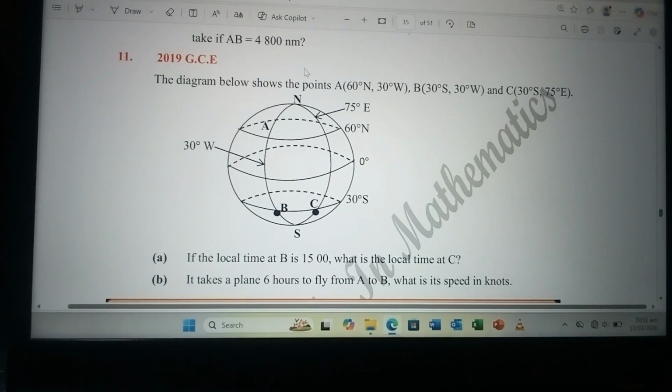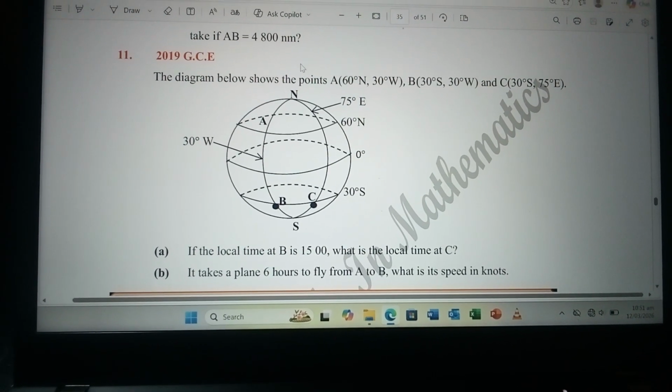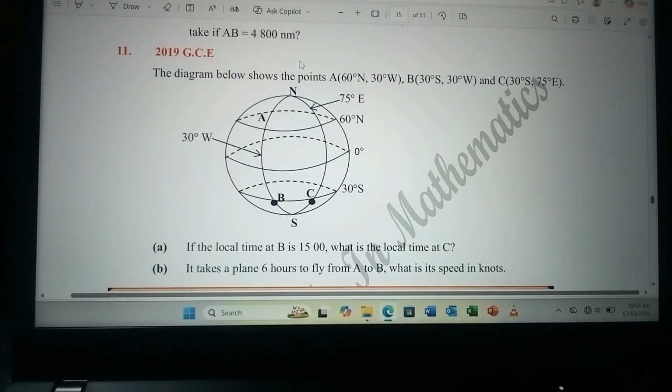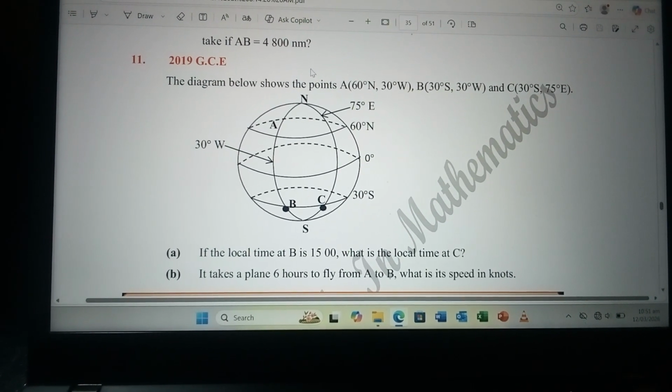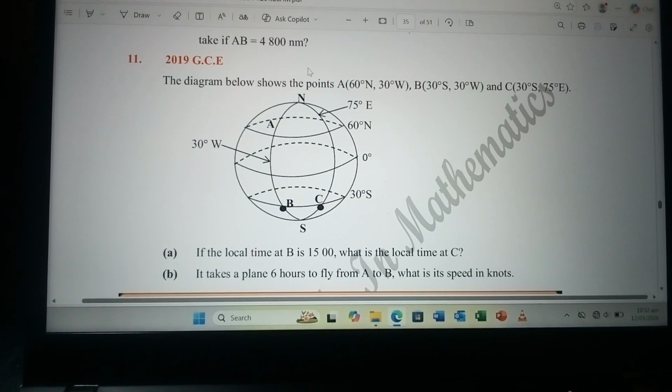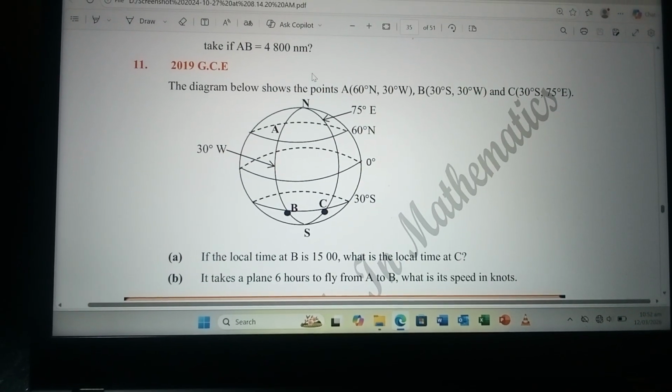Part B, they are saying if it takes a plane 6 hours to fly from A to B, what is the speed in knots? One thing that you should bear in mind is that when the speed is in knots, it means that the distance should be in nautical miles.